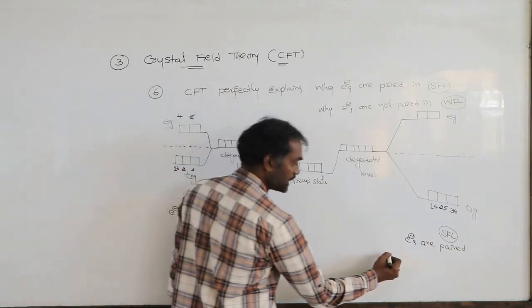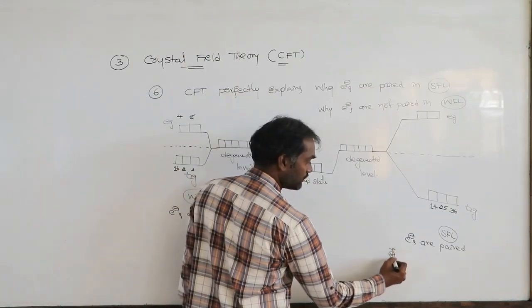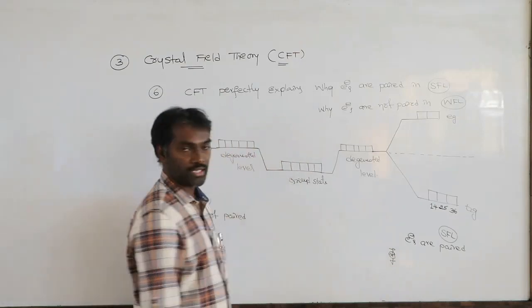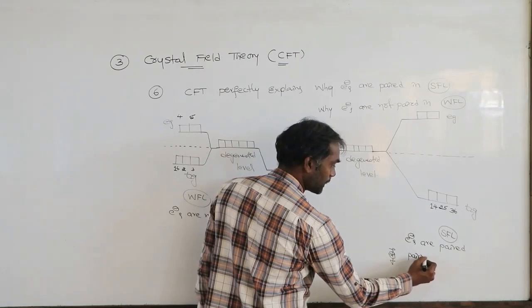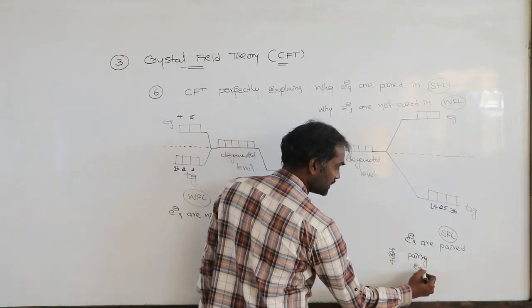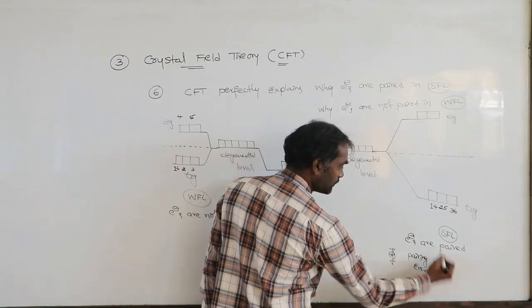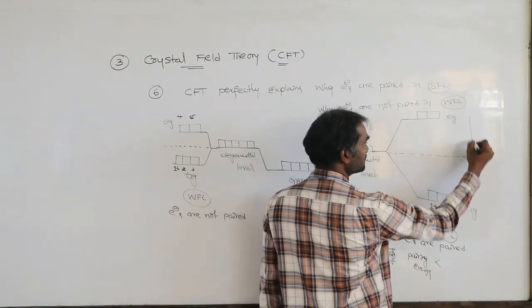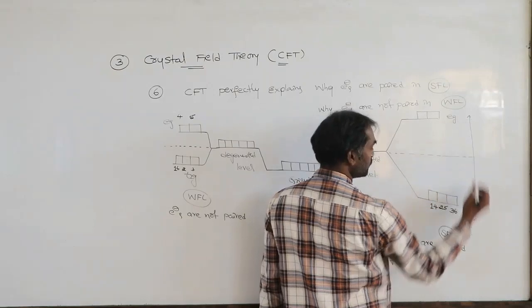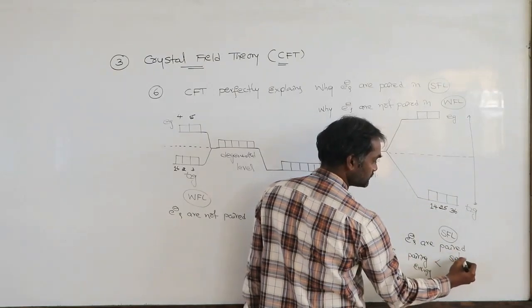And one more, from an entrance exam point of view, they will ask why they are pairing. So pairing energy is less. Electron pairing energy is less compared to splitting energy. This energy you call splitting energy.